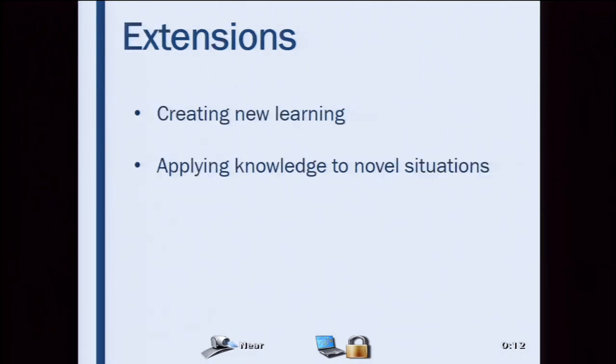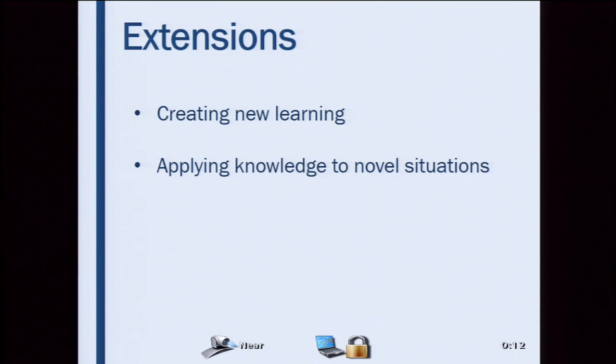Lastly, we have our extensions. This is when students have that aha moment. It's going outside of what they've learned in class, applying it to new or novel situations that they haven't come in contact with before. And it's at this point that students actually understand the implications of their learning.